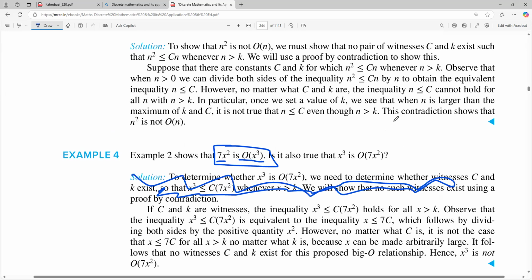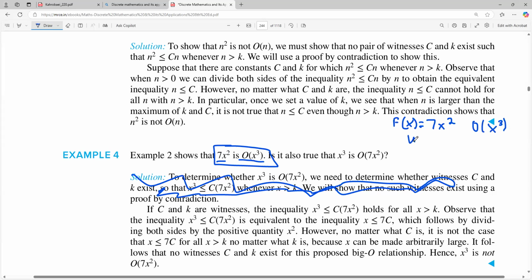We know that f of x is 7x squared, and remember, we can choose k. If we choose k, this will impact c as well. So let's say we want to prove that it's big O of x cubed.